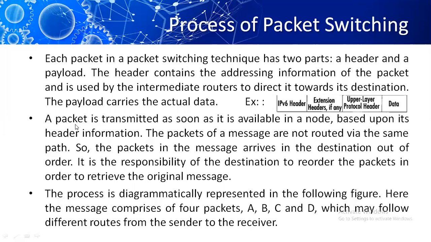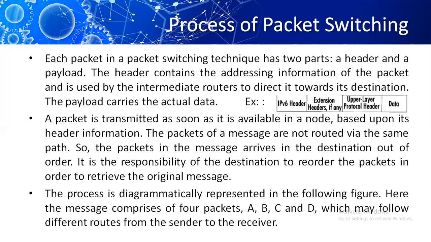A packet is transmitted as soon as it is available in a node, based upon the header information. The packets of a message are not routed via the same path. Already I told that, because each packet takes a different path to reach the destination. So it is the responsibility of the receiver to reorder the packets in order to retrieve the original message.